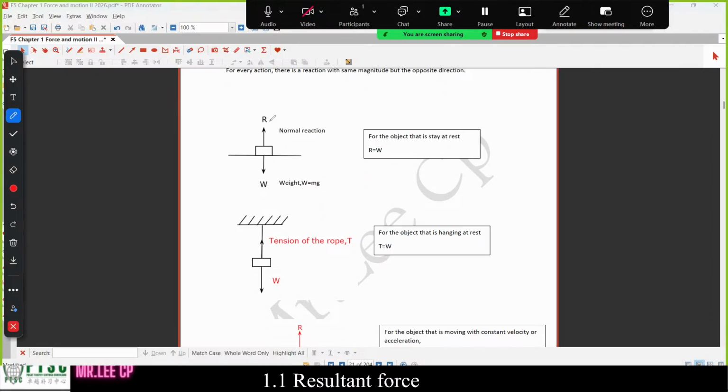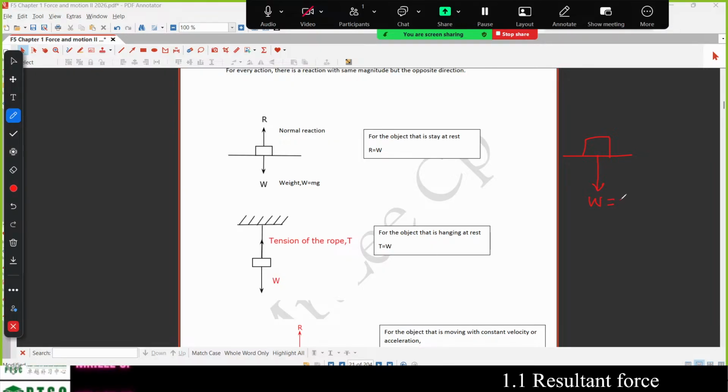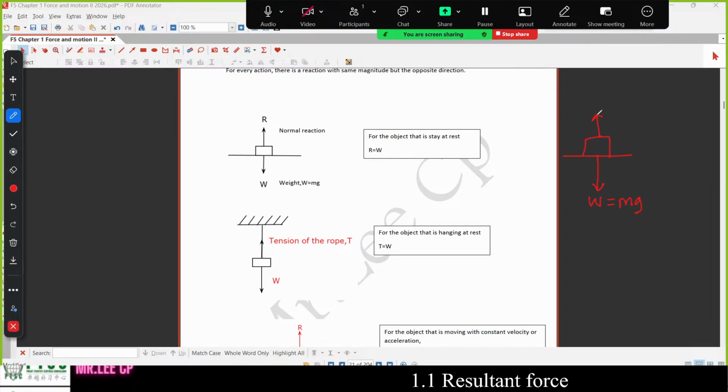Now, every object that stays at rest. Here, this is the object you put on the table. You put it on the table, and there is the force acting downward, always going down. It is called W. W is equal to the formula mg, if you want to know. You have learned it in Form 4. So this one is the force that we are going to learn right now.